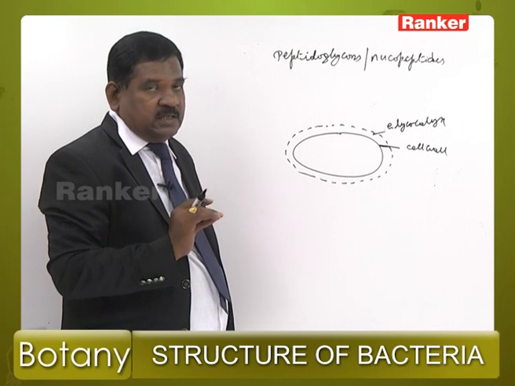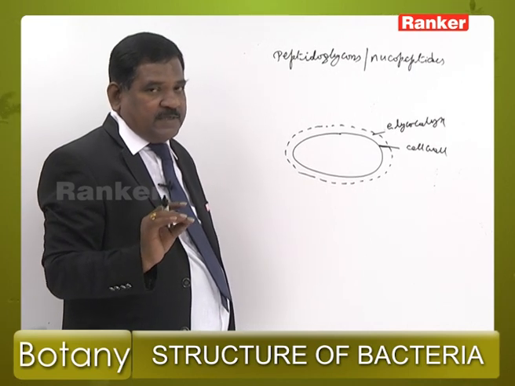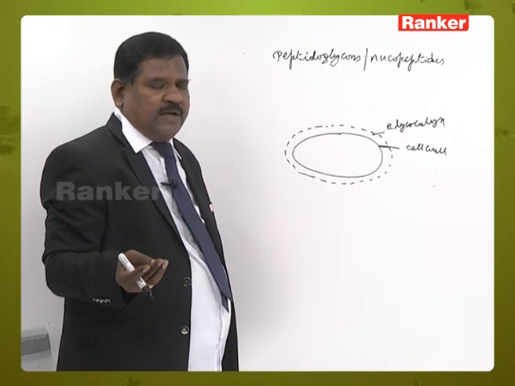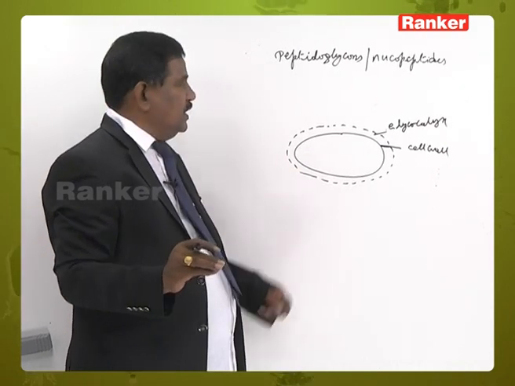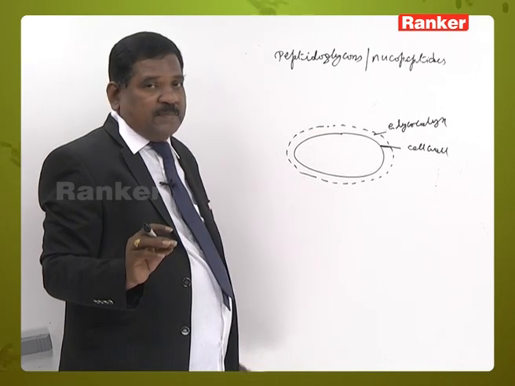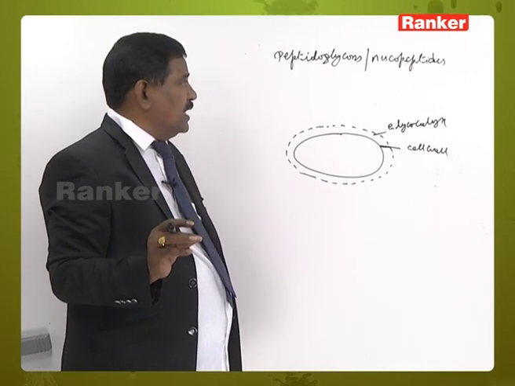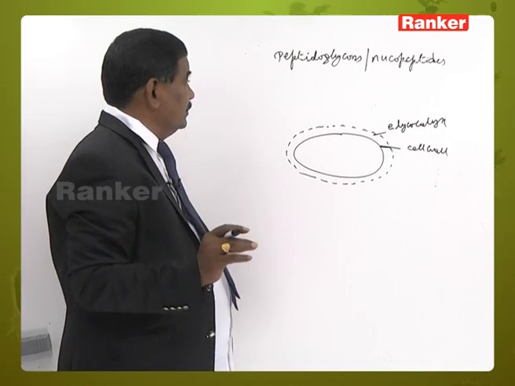In all prokaryotes, the cell wall does not consist of cellulose. Bacteria are prokaryotes, so in this cell wall also cellulose is absent. Instead, peptidoglycans or mucopeptides are present.